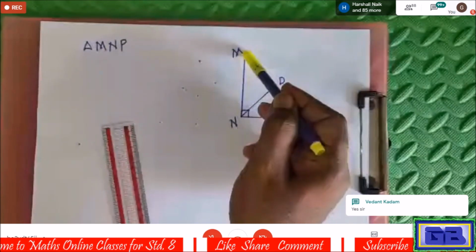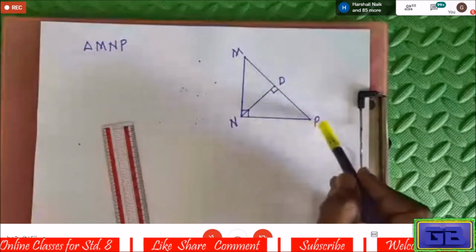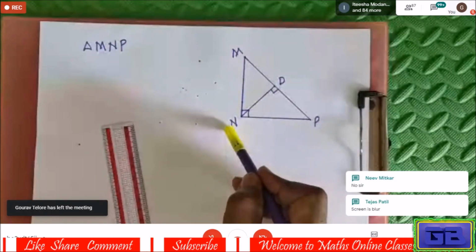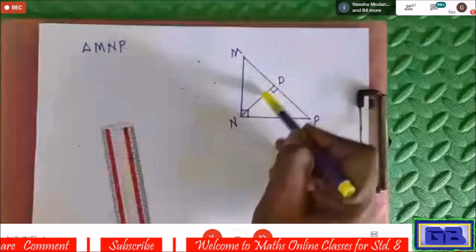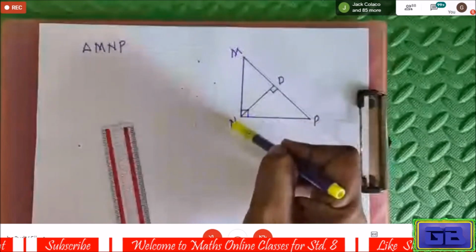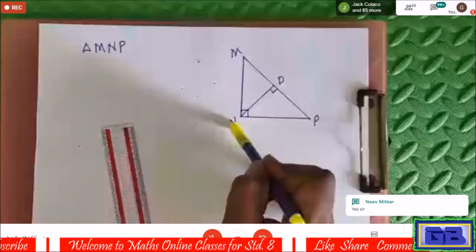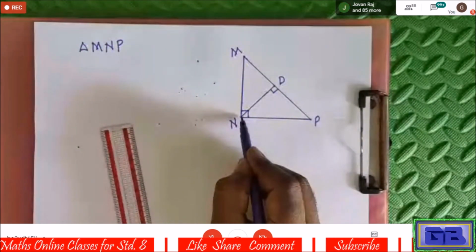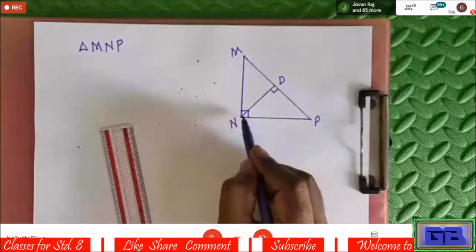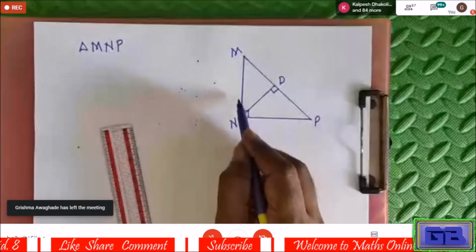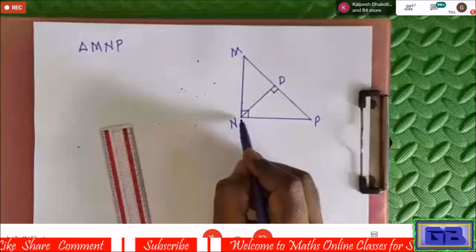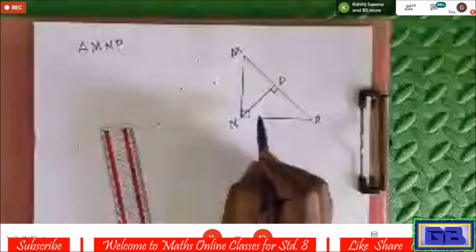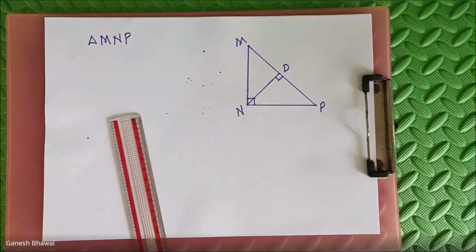For vertex M, MN is perpendicular, and for vertex P, PN is perpendicular, and all these three altitudes are meeting at this point N. So the orthocenter of this triangle lies at this vertex N. It means at the 90-degree angle. Now the third one, we will draw an obtuse angle triangle.